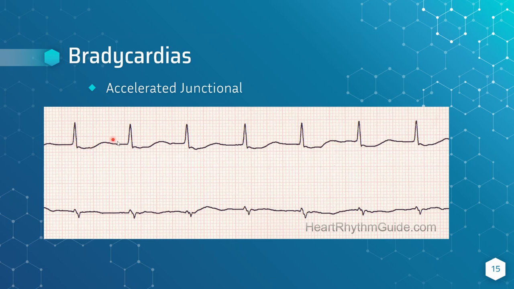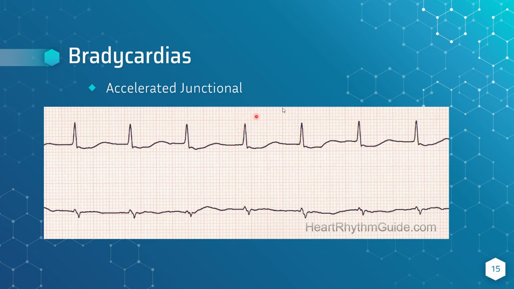So this one, since the rate is higher than 60 beats per minute, would be considered accelerated junctional. Now, a lot of people would maybe think of this as AFib because they could say, oh, this one looks like a P wave here, but lumps and bumps are not P waves. P waves are P waves.